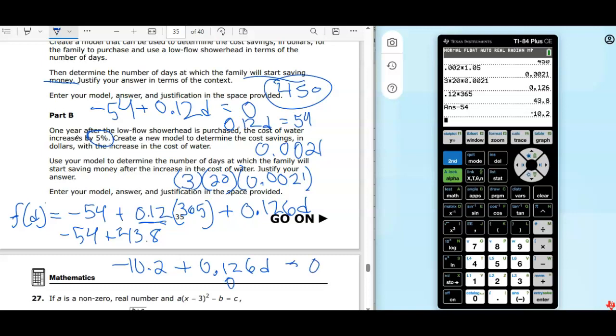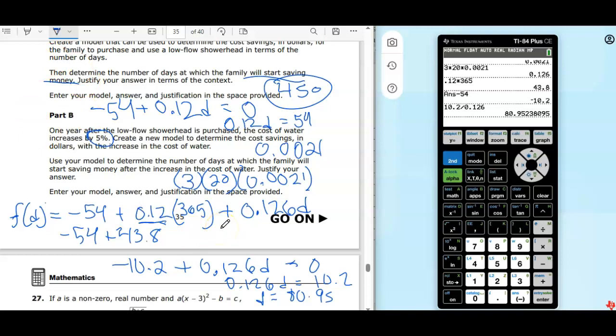So again, we're going to set that equal to 0. And this time we'll have 0.126D equals, I'm going to add 10.2 to both sides. And then I'm going to divide both sides by 0.126. And so we get D equals 80.95. We would round that up to 81 days.